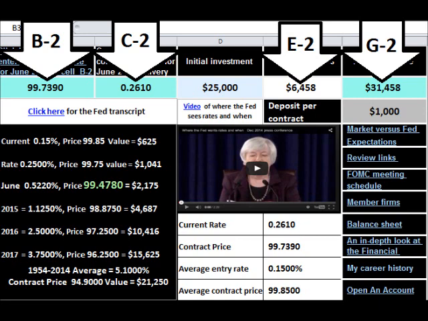Please enter 99.7390 in cell B2. The rate will show in cell C2 of 0.2610. The net profit or loss will show in cell E2, in this case $6,458. The net liquidation value shows in G2 of $31,458.